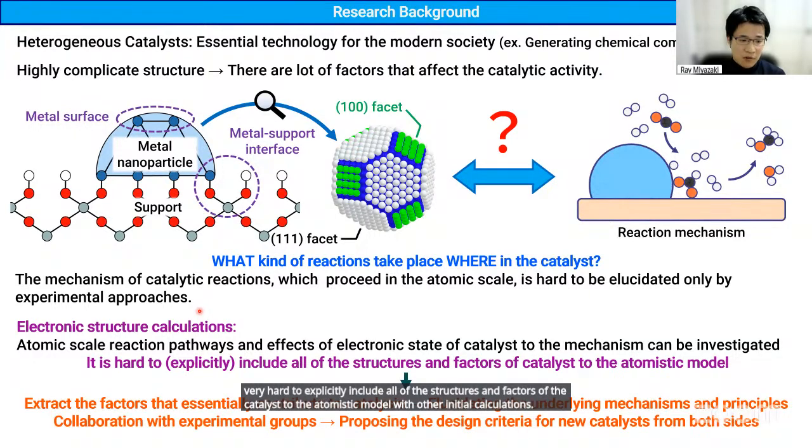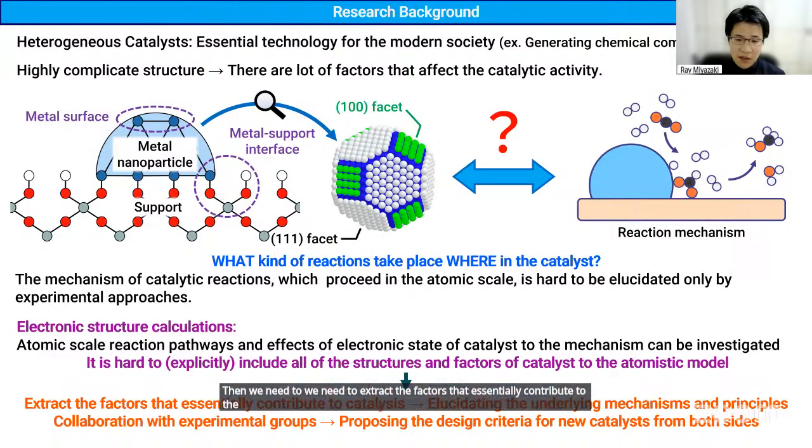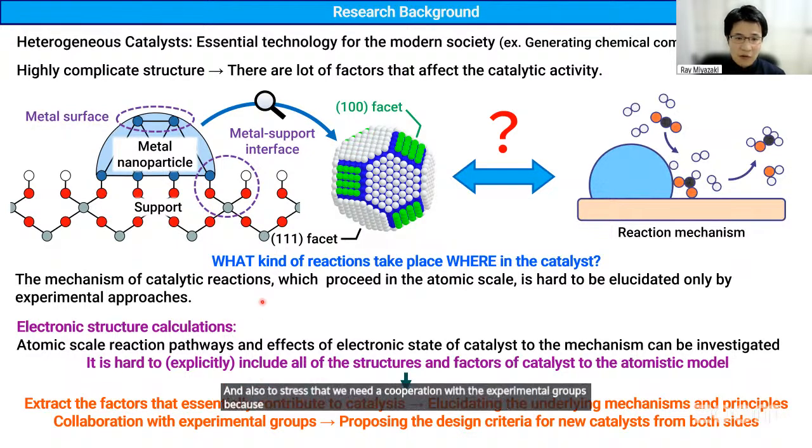Then we need to extract the factors that essentially contribute to the catalysis, which enables us to elucidate the underlying mechanism and principles of the catalysis. And I want to stress that we need collaboration with experimental groups, because by using both narratives, from theory and experiment, we can propose design criteria for the new catalyst from both sides.